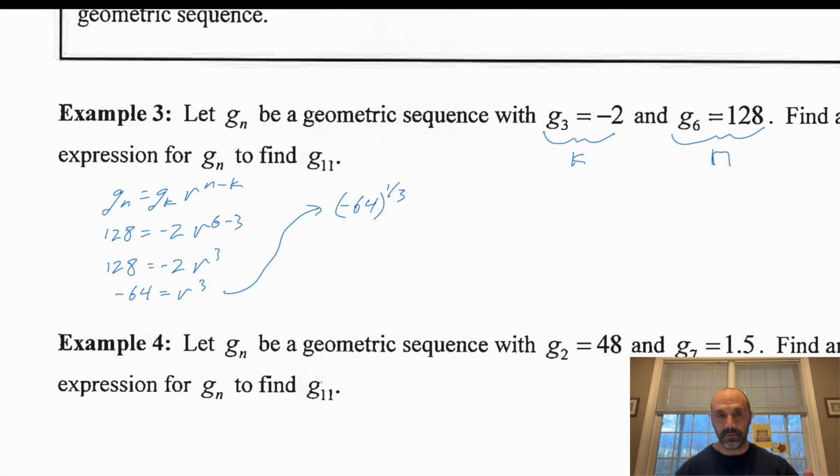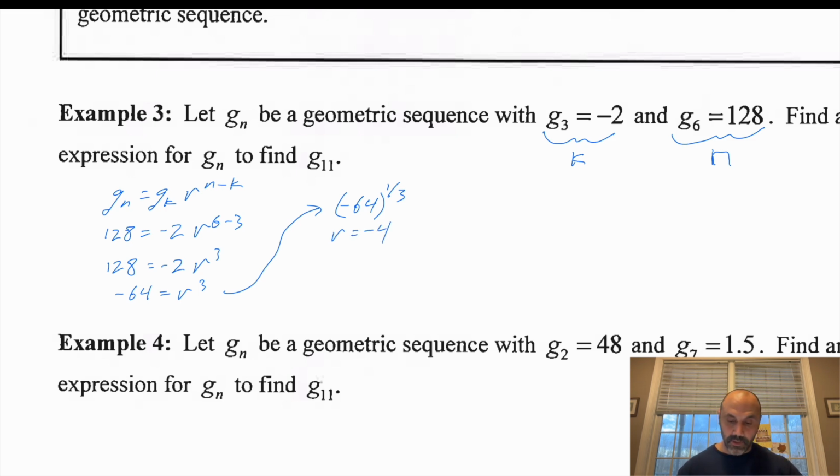That's the same thing as cubed root. I don't like the root symbol. I prefer this, but if you like the root symbol, you can use that. It's a standard convention. Anyway, negative 64 to the 1/3 power, and what that gives me is negative 4. Okay, so r equals negative 4.